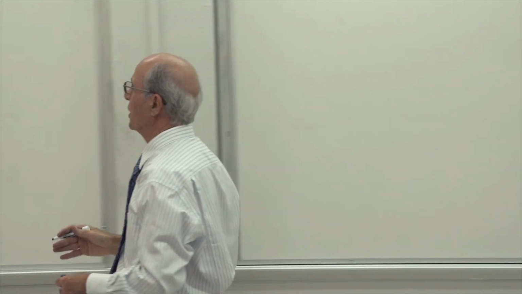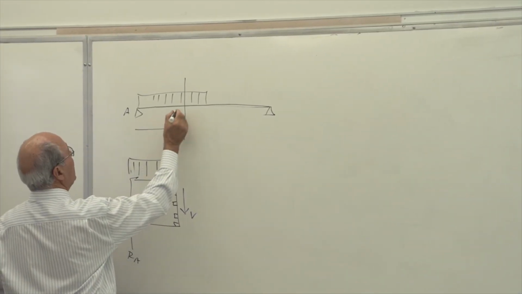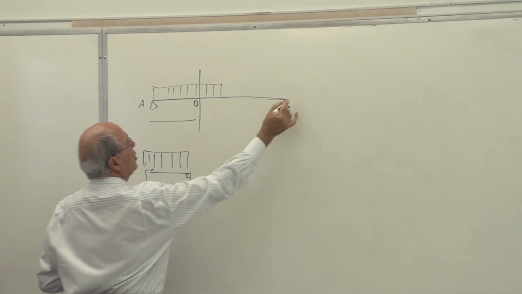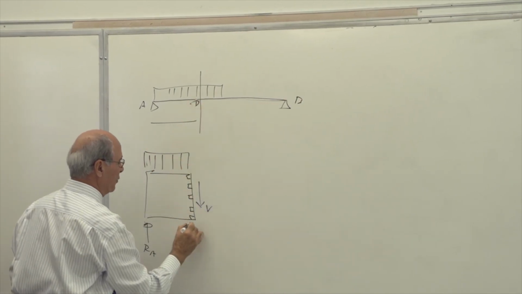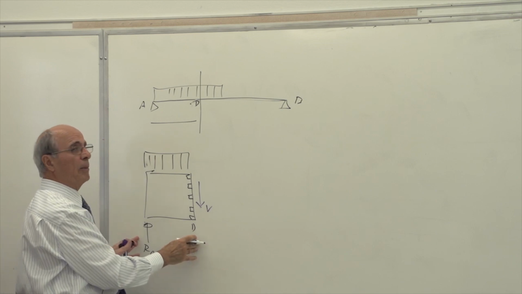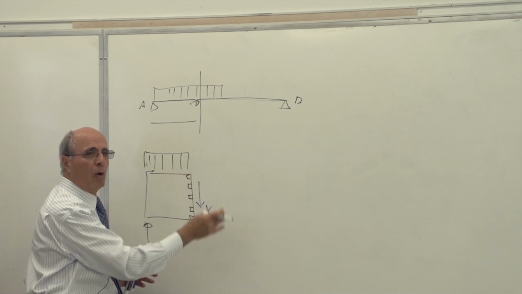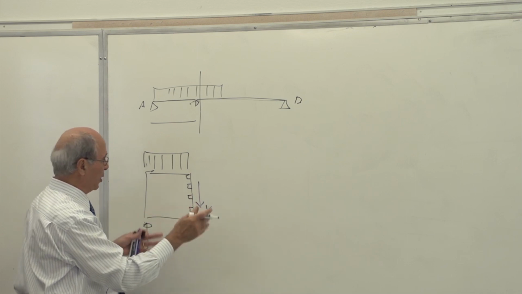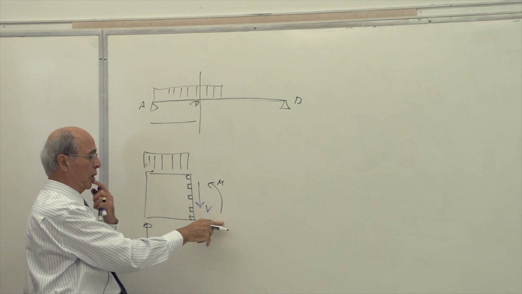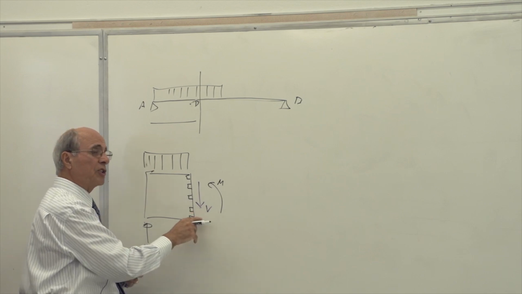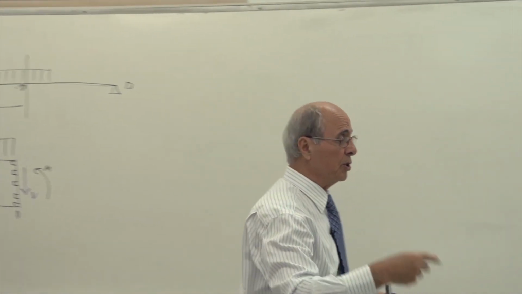Let's assume this is the length of the beam from point A to point B, let's call it point D here, as we did before. This is only the beam from A to B. Don't forget, there is a moment there as well, so there should be an M there. But that was the subject of chapter 4. This colored one is chapter 6, the stresses due to the shear.